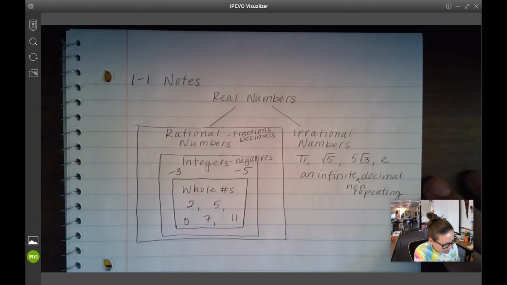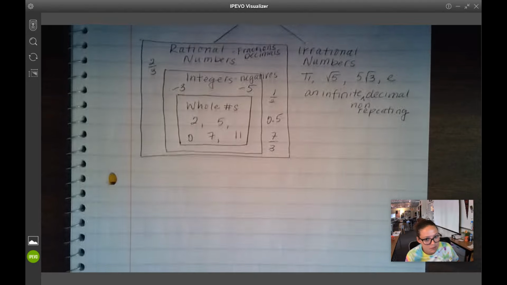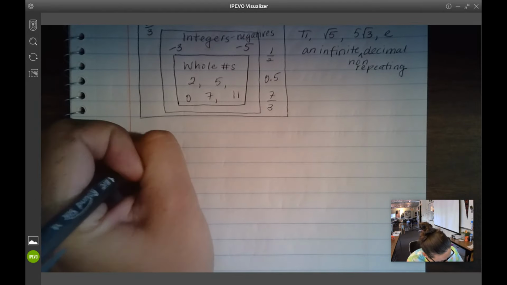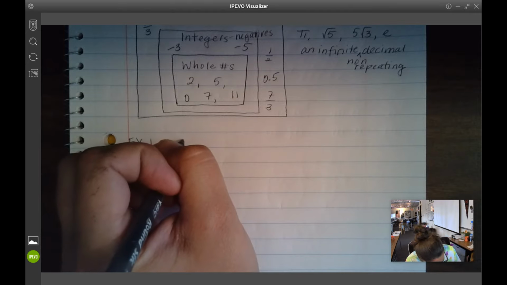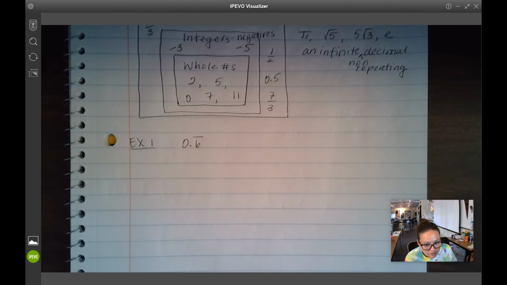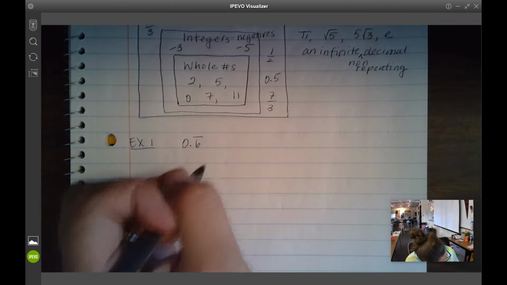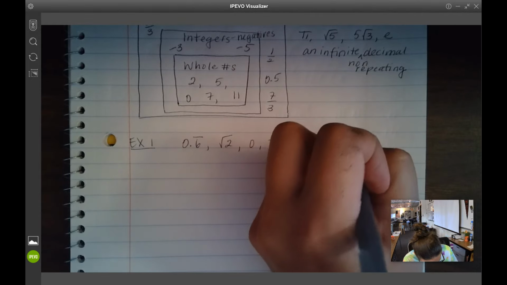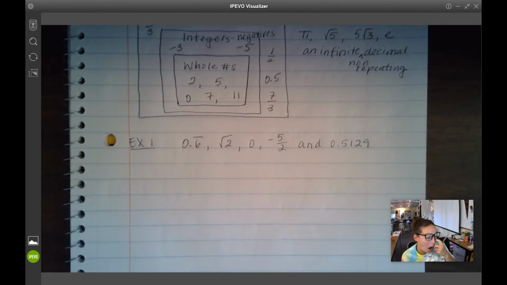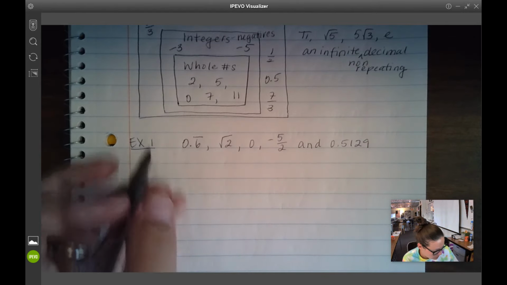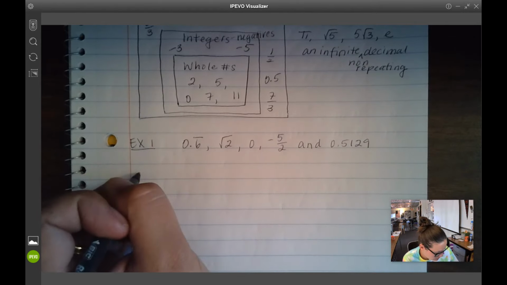So let's try classifying some of these numbers. Example 1. Let's say we have 0.6 repeating, square root of 2, 0, -5/2, and 0.5129. First, we're going to order from least to greatest.